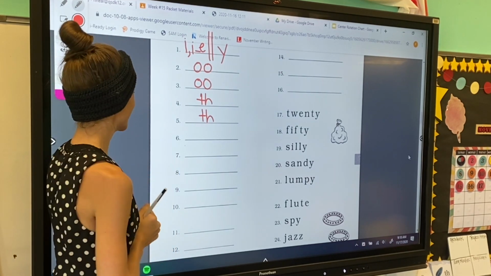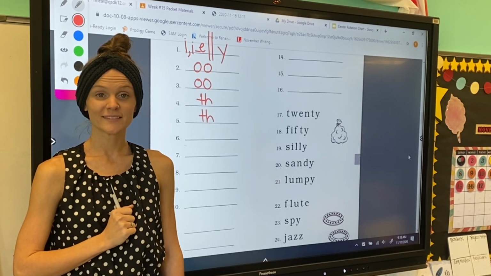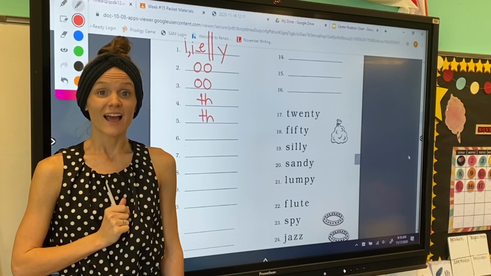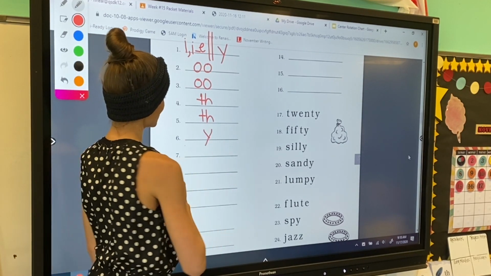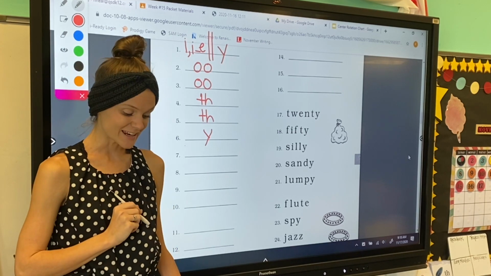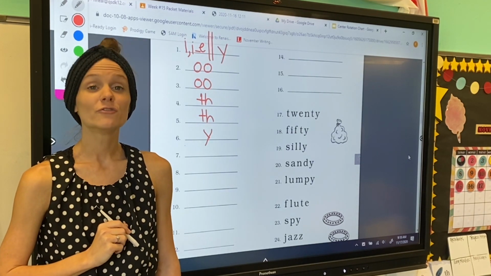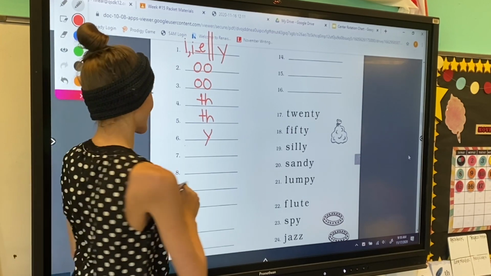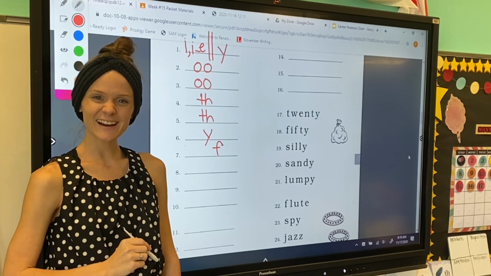Very good. For number 6, my letter sound is Y. That's the consonant sound that letter Y makes. For number 7, my letter sound is letter F makes the sound. Very good.